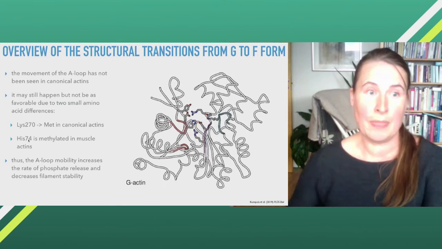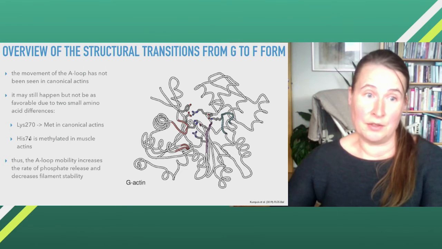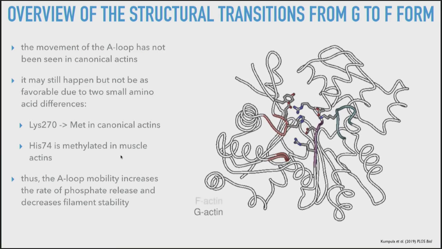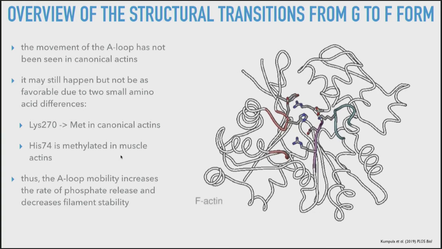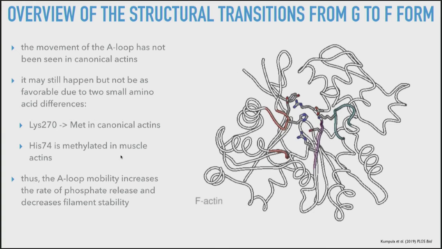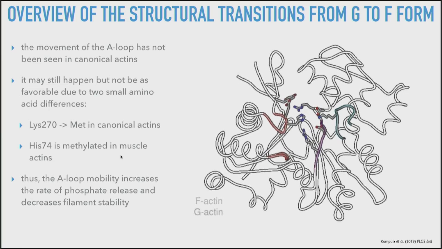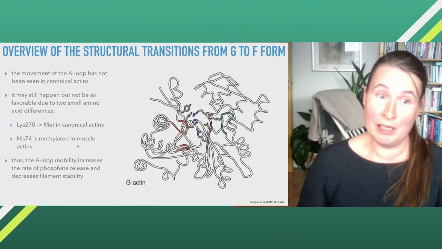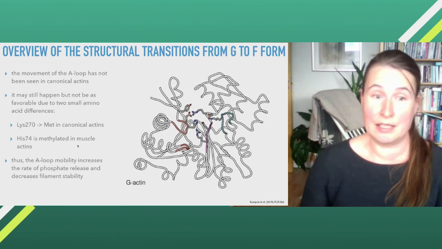And on the other side, the histidine residue is methylated in muscle actins, which has a large impact on the properties of this histidine residue. So we can conclude that it's these small differences that increase the mobility of the A-loop, and the mobility increases the phosphate release and decreases filament stability.